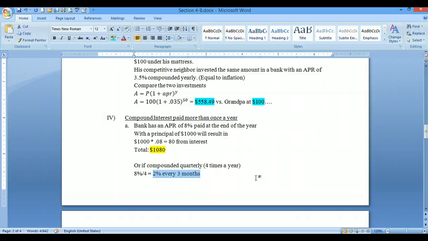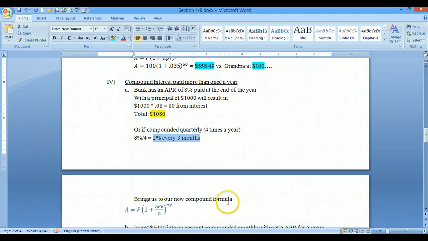Then 3 months later, you're going to get another 2% upon what you invested originally, plus the 2% that you got in the first quarter and the second quarter. And same until the end of the year, when you get interest from the original, the little 2%, the other 2%, and the other 2%, and now you're going to get 2% of all that you accrued. That is compound interest paid more than once a year.